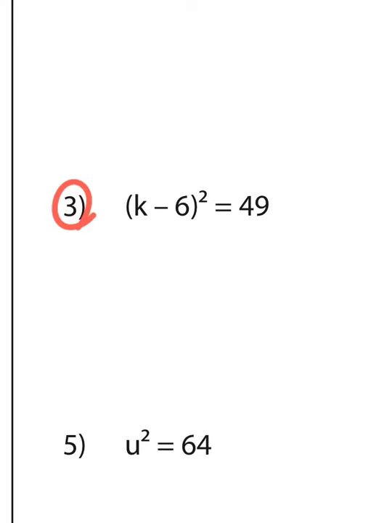Whenever we have something in parentheses that is squared, we're going to kind of change our rules. We're going to go ahead and take the square root of both sides first.